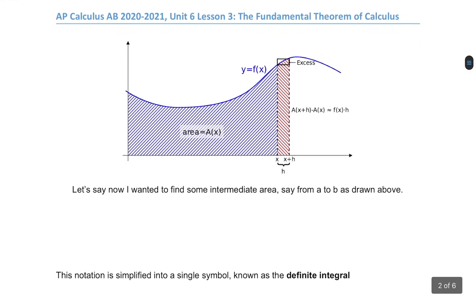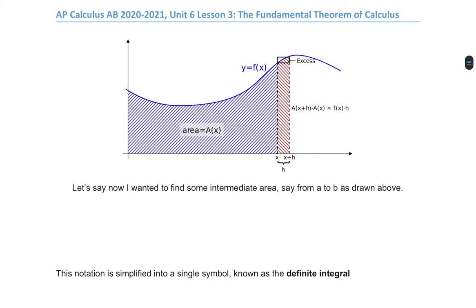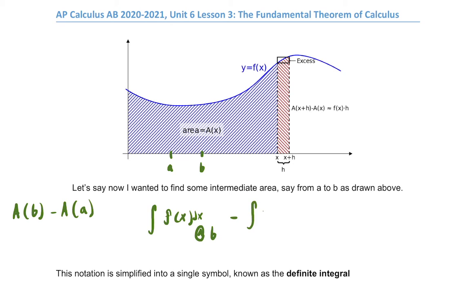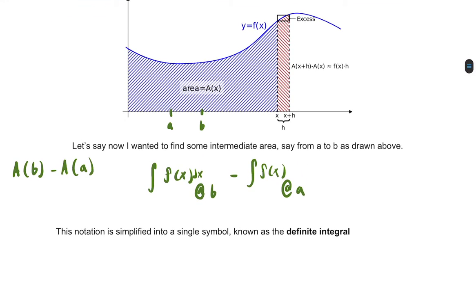So here's the actual fundamental theorem of calculus. Let's say I wanted to find some intermediate area, like the area from A to B. What I'm looking to do is take the area from 0 to B and subtract the area from 0 to A. Now, if I don't have that area function, the trick is that I can take the antiderivative of the original function evaluated at B, and subtract the antiderivative of the original function evaluated at A. And as we've already seen before, we have a special symbol for this.